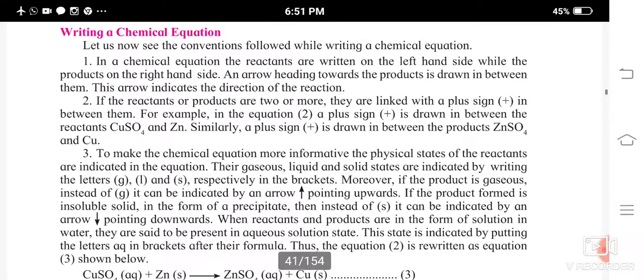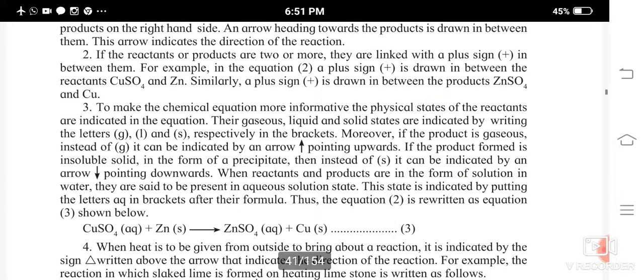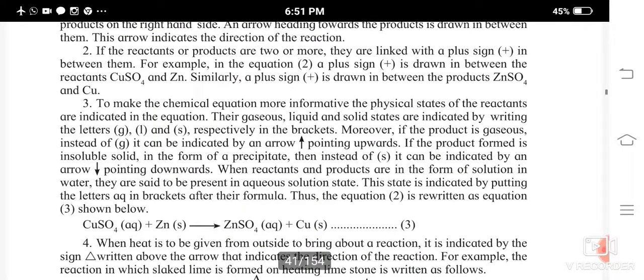So to make the chemical equation more informative, the physical states of the reactants are indicated in the equation. Their gaseous, liquid and solid states are indicated by writing the letters G, L and S respectively in the brackets.